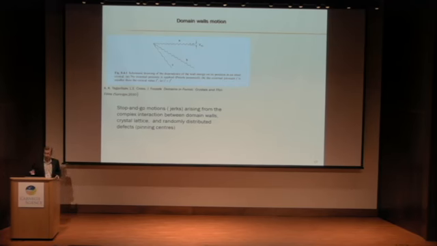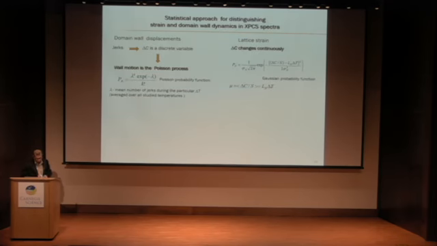Thus, we expect that the motion of the domain wall and the related change of correlation function is a discrete variable. Thus, we expect that we can describe the motion with those histograms which I showed you with the help of a Poisson probability function. And in contrast, when we observe the behavior in the tetragonal phase where there is no domain wall motion, we expect a Gaussian distribution.